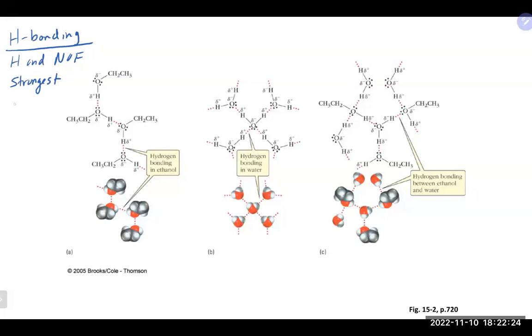It also relates to your highest boiling points and your highest melting points. An example, as we talked about, is water interacting with itself, or water interacting with somebody else that could hydrogen bond. It is the intermolecular force for polar molecules that have the ability to hydrogen bond.